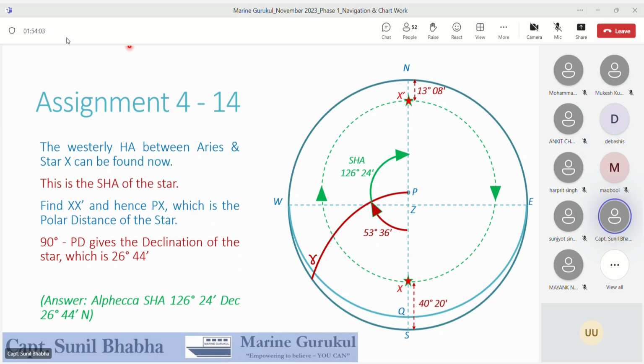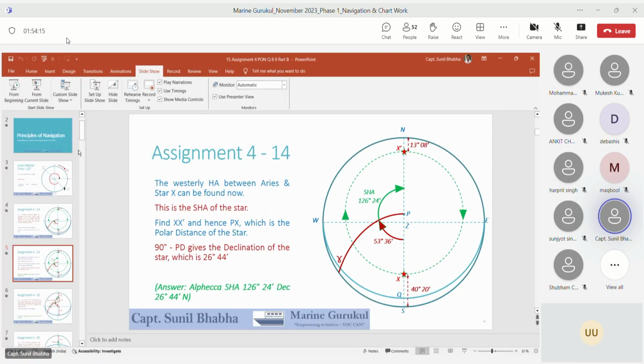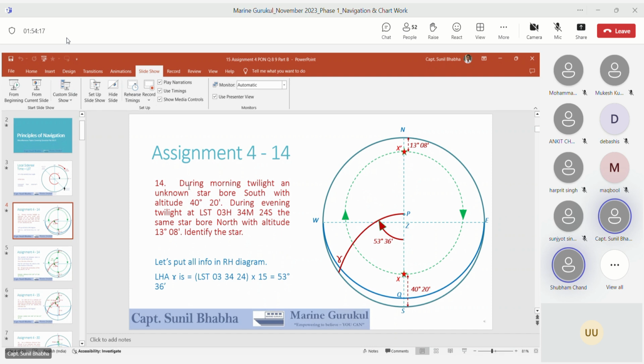Sir, my doubt is, why did we take the SHA of X dash? We could also take it for X, it is the same star, right sir? Beta, if you look at the question, the question says during evening twilight at LST 334°24'. It was at the time of evening twilight that Aries was here, right?